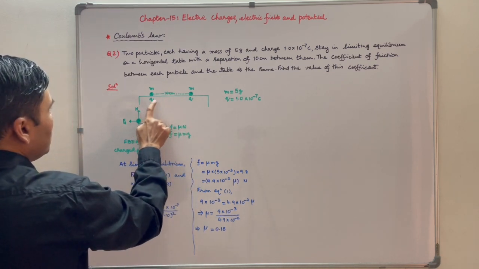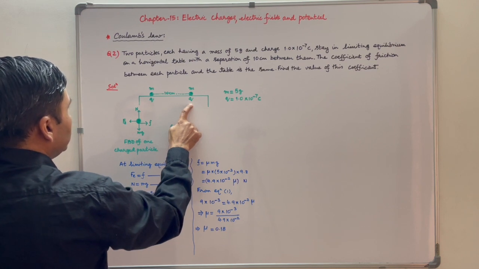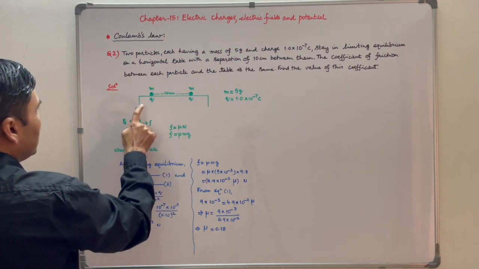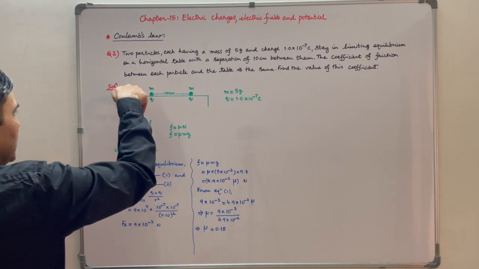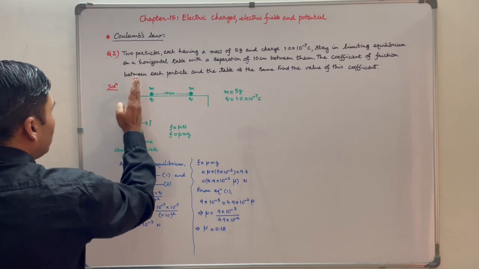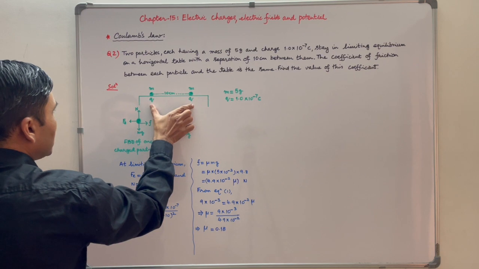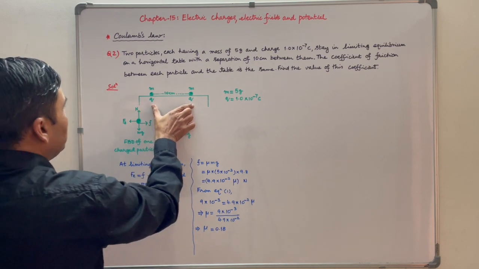Since these two charged particles are identical, we can draw the FBD of any of them. Suppose this is the FBD of this charged particle. Its weight acts vertically downwards. N is the normal reaction applied by the table surface, which acts vertically upwards. These two charged particles are positive, so the force between them will be repulsive.